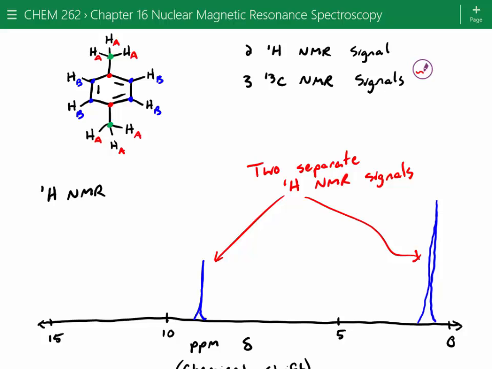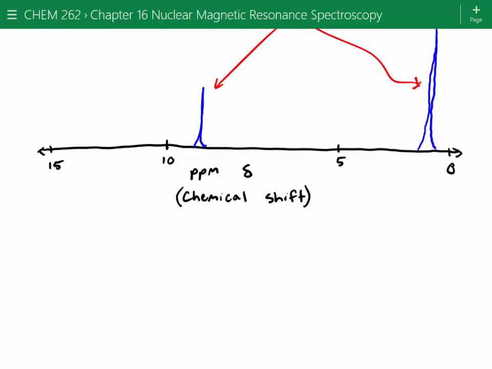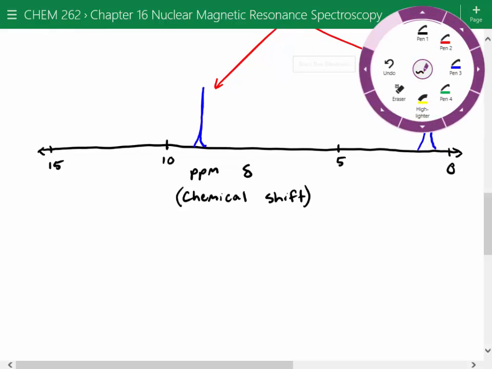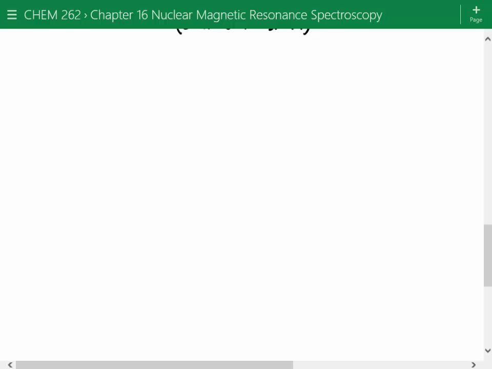We're going to practice interpreting the chemical shifts and what they mean a little bit later, but for right now, all we're really concerned with is how many signals we should anticipate in our NMR spectra or spectrum. All right, let's do one last example, and then we'll use our problem of the day as a class activity.